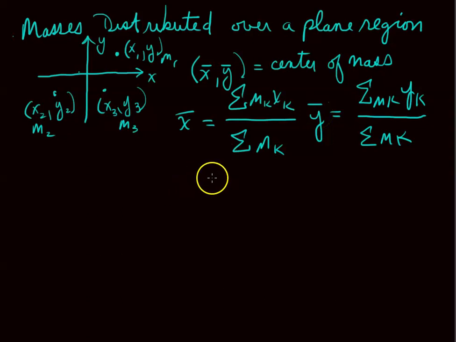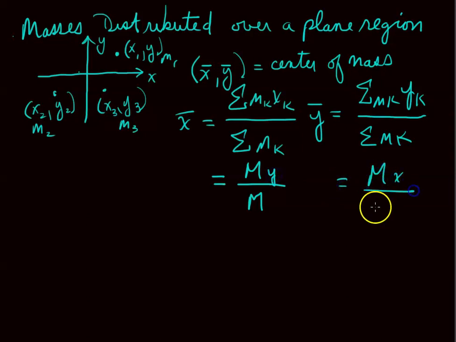Many times they're going to call this the moment over the moment, capital M's. Now, this is where it gets, to me, a little confusing. This is the moment about the y, and this is the moment about the x.